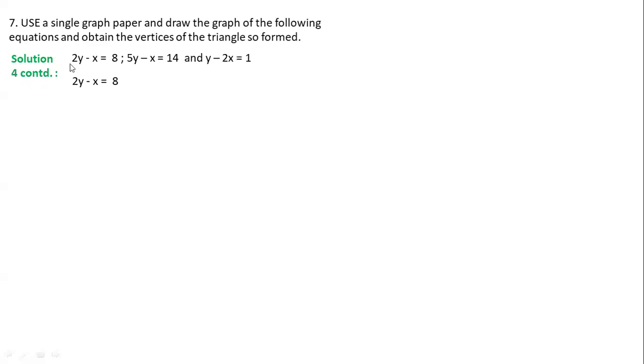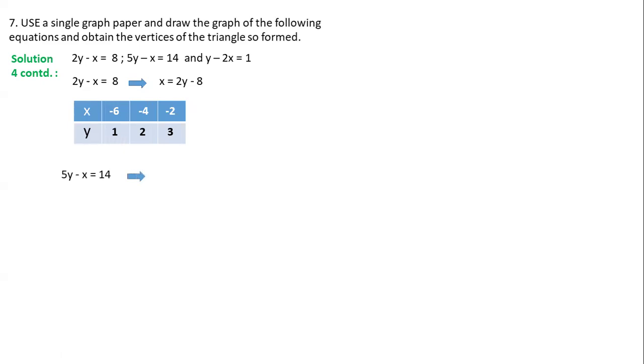This is the solution of this equation: 2x minus 2y minus x is equal to 8. x is equal to 2y minus 8.